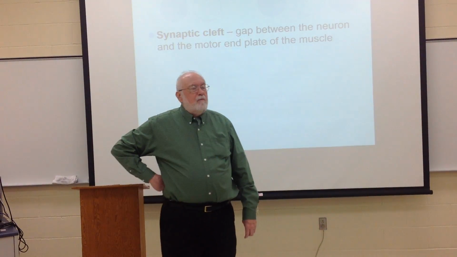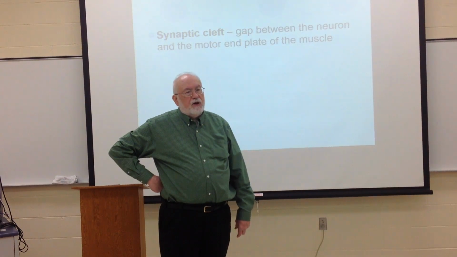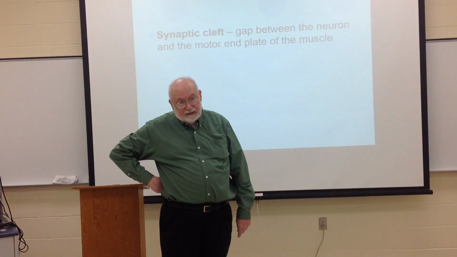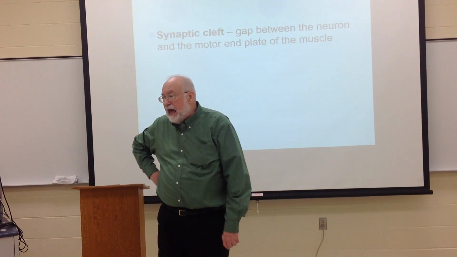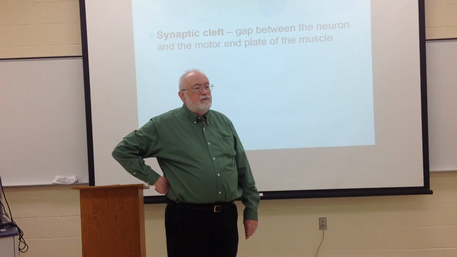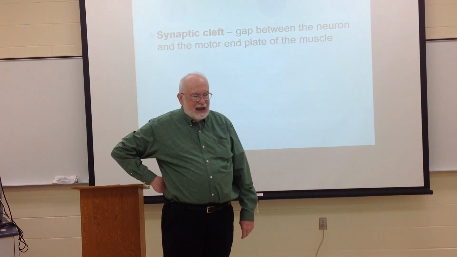Well, when we want to get the muscle to contract, an impulse comes down the nerve and is going to release a transmitter substance into that cleft, into that gap. And that neurotransmitter goes across the gap and combines with receptors in the motor end plate area.